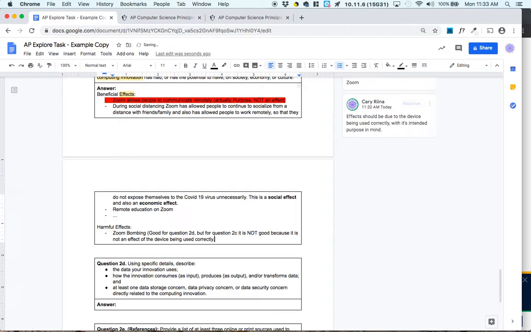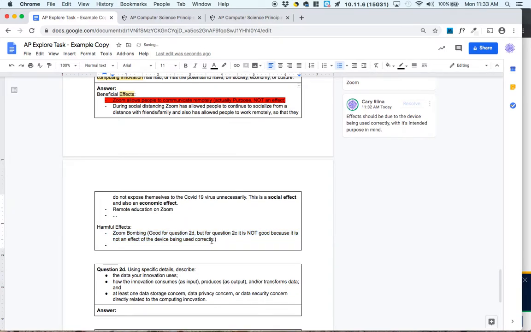So now, how do I come up with a harmful effect? Well, it's a similar process to what we did before with the beneficial effects, where sometimes it's going to be something that you have in mind immediately, and sometimes it's going to be something that you need to research.